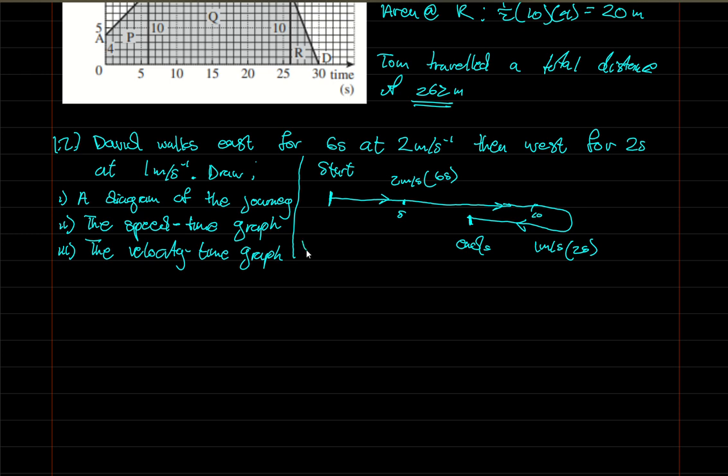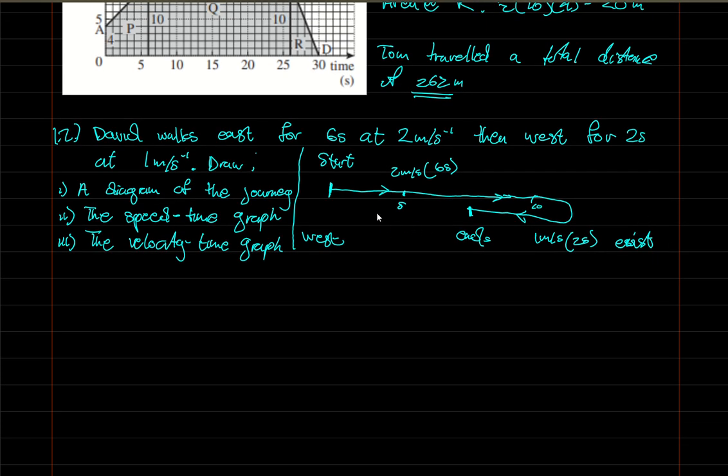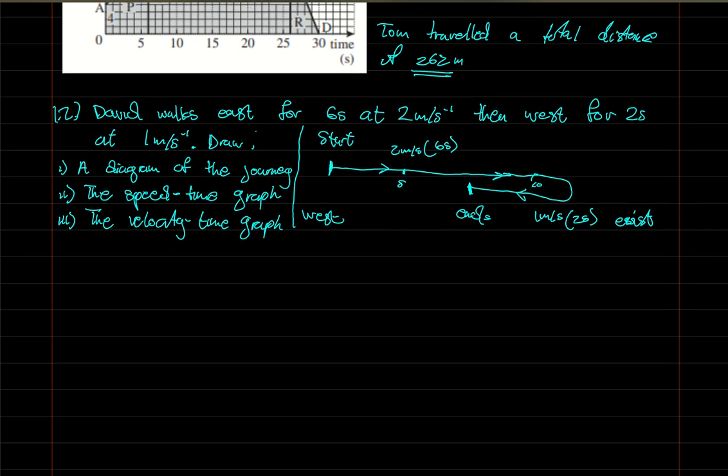So this is the west side, and this is the east side. So generally speaking, what they want us to show is whether we know the scale and direction. That's basically what they are testing us for.